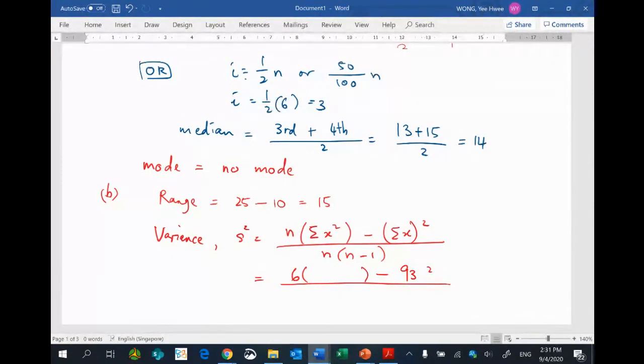Square is outside, yeah? Then this N is 6. This one we don't know yet. So now our job is to find this out.